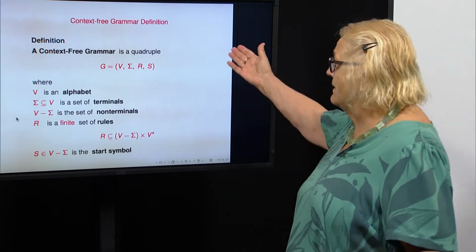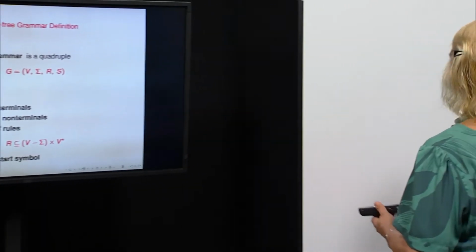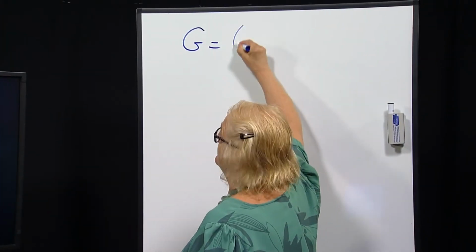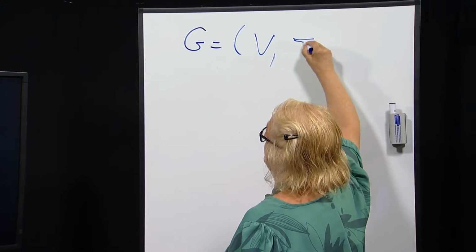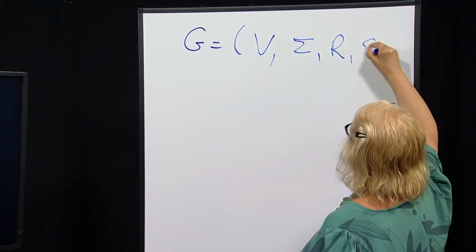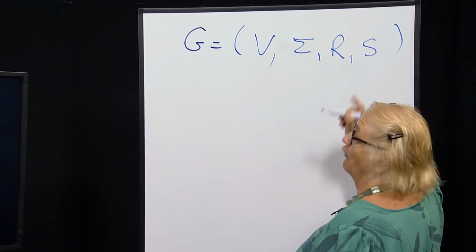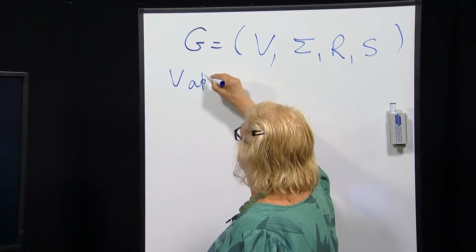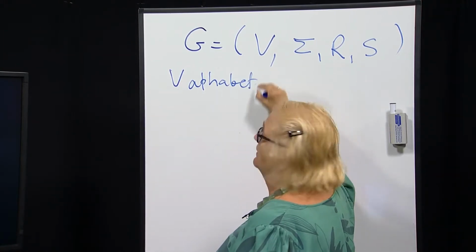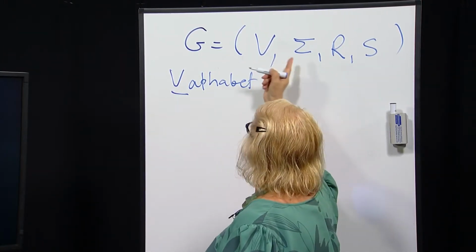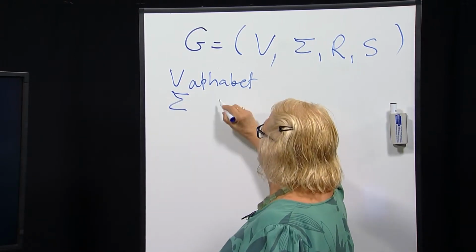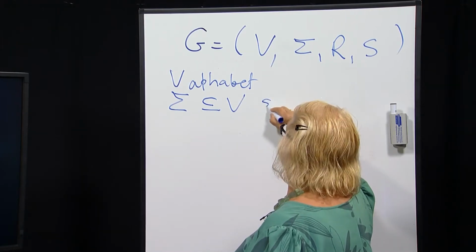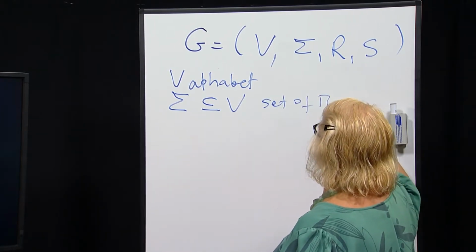So a context-free grammar is 1, 2, 3, 4 pieces, where V is an alphabet. We already know sigma, which we use the same, which is a subset of V, is the set of terminals.